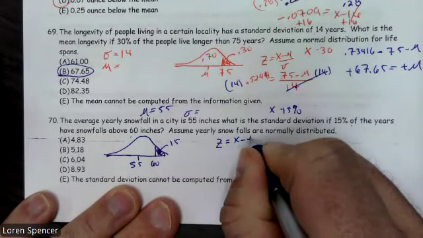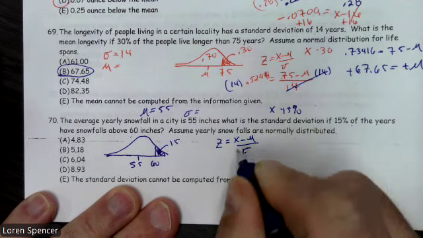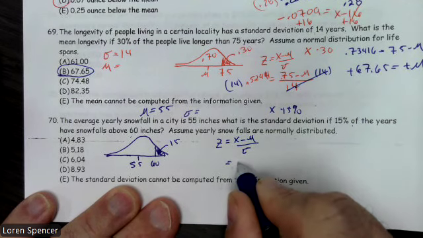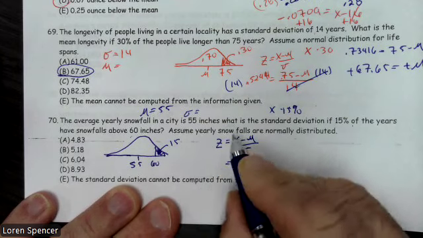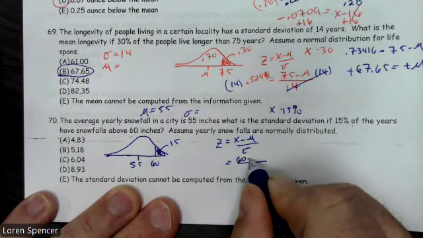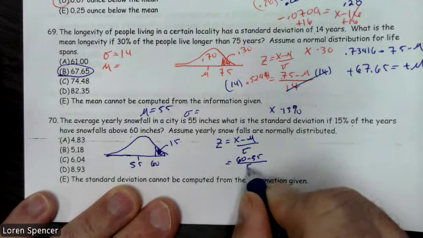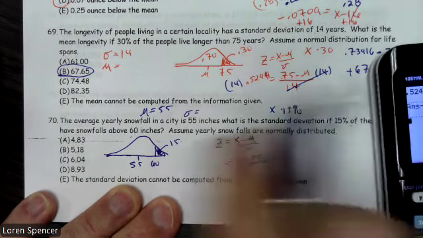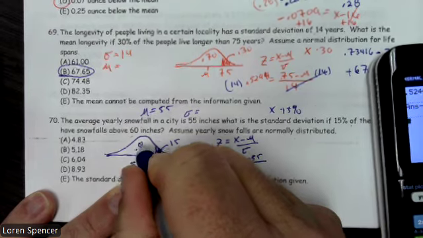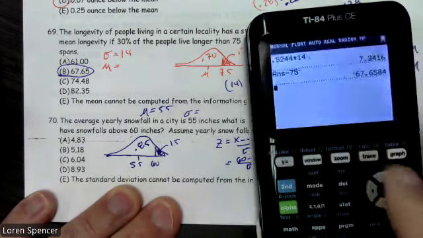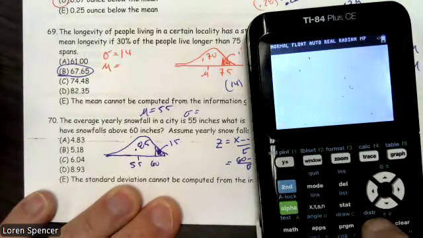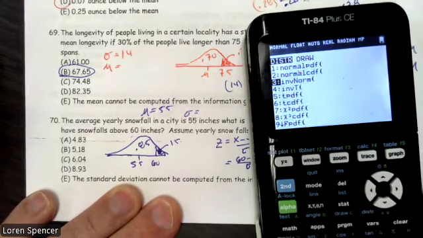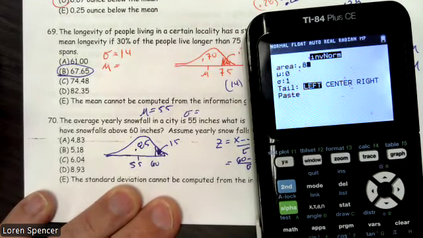Z equals x minus mu over sigma. Well, we know 60. We know 55. We don't know the standard deviation. But from the 15%, we can get a z-score. So coming from the left, second var's inverse norm, I'd use a 0.85.